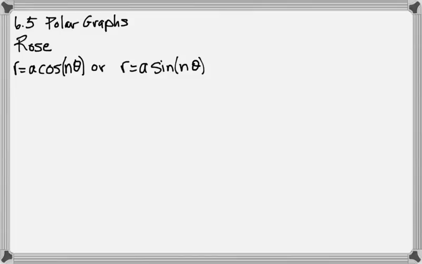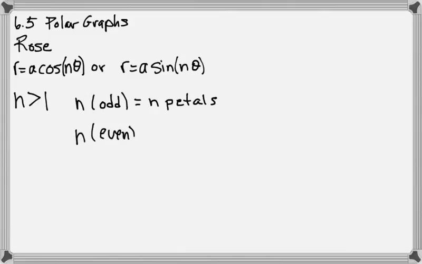Is n the number of petals? Almost. Okay? It has something to do with that. n has to be greater than 1. Based on the number of petals, this is how it works. So n's going to be bigger than 1, just guaranteed. If n is odd, then yes, n tells you exactly how many petals it has.